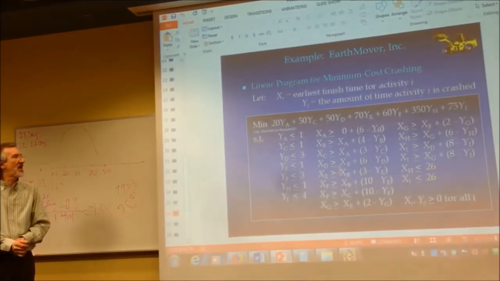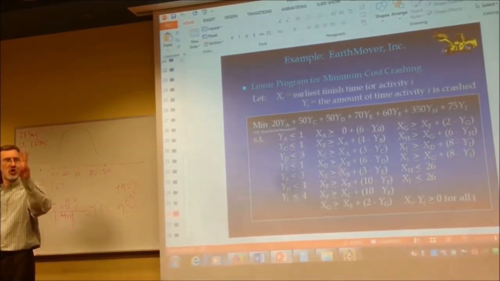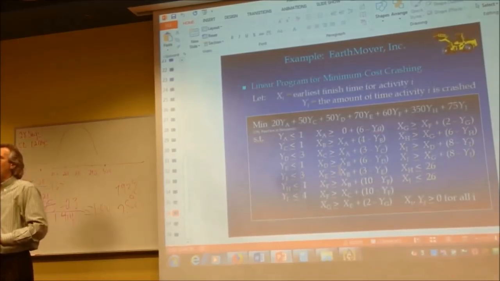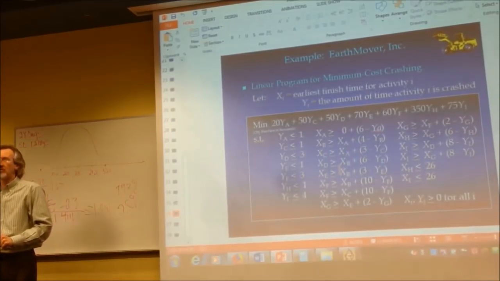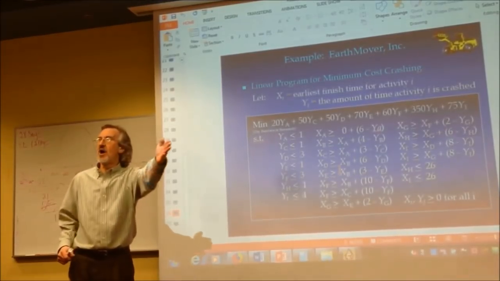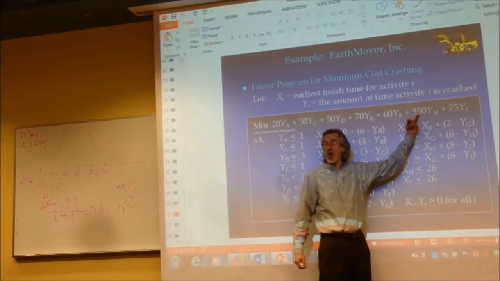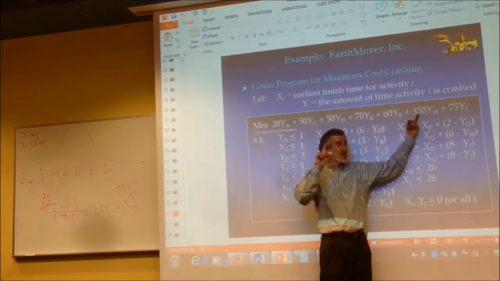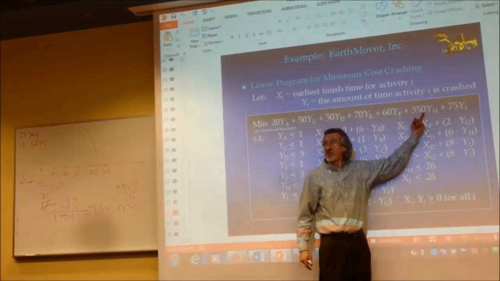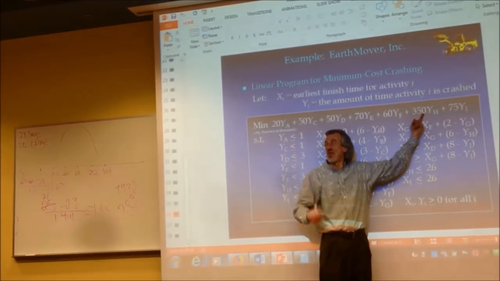So if I said to you, hey, we're thinking about crashing activity H, 2 units of time, what would be the cost? 700. I heard it over here. 700. Because you could just look at this and go, oh, this is the cost for 1 unit of crashing time for activity H. And I said, what's the cost for crashing 2 if we decide to crash this one?